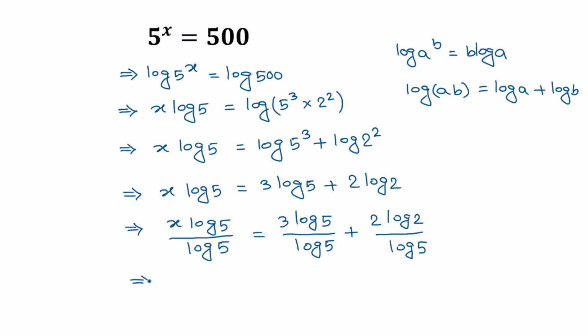This log 5 and log 5 will cancel, and it will be x is equal to 3 plus 2 times log of 2 divided by log of 5.